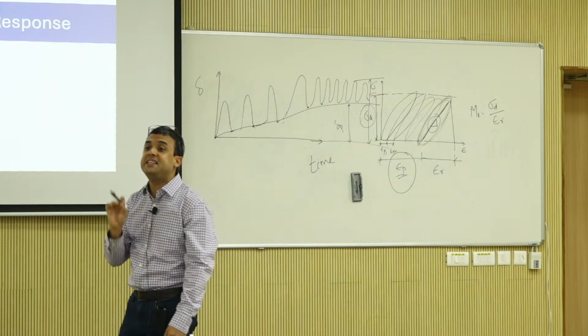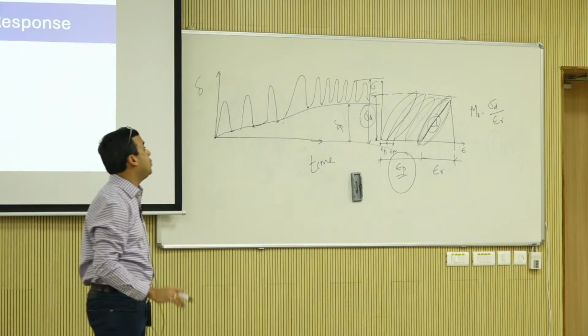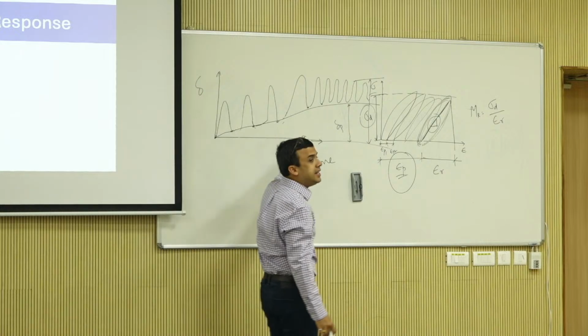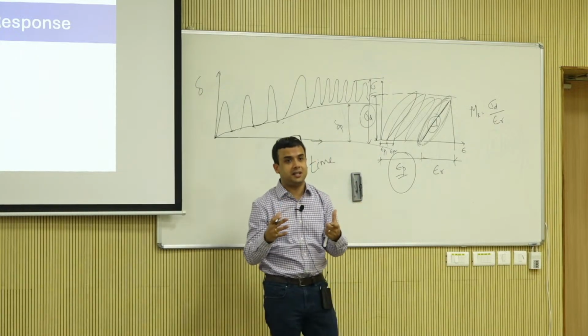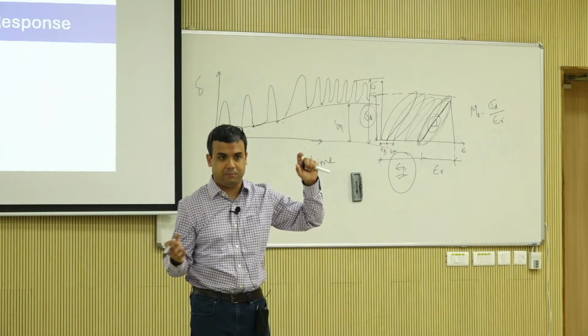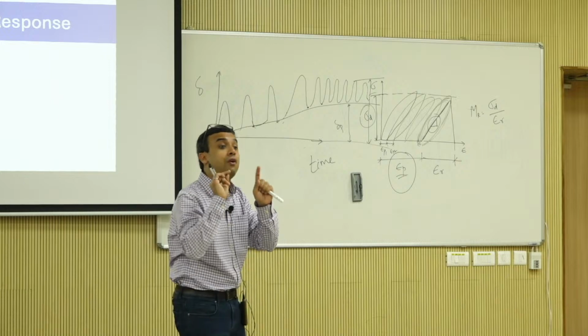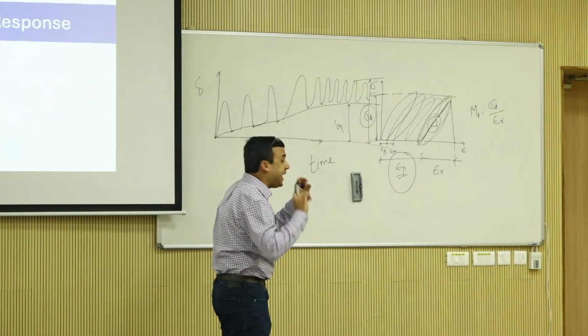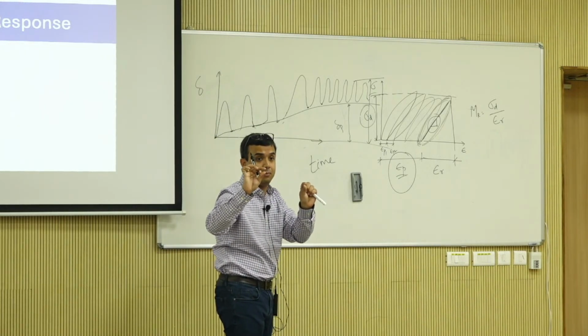So for every cycle, if you have to calculate a resilient modulus using instrumentation data, it's not as trivial as just taking the deflection and measuring. You have to find out if, in that cycle, there was any permanent deformation accumulation. You understand what I'm saying?